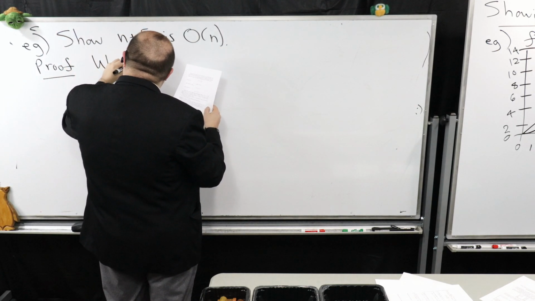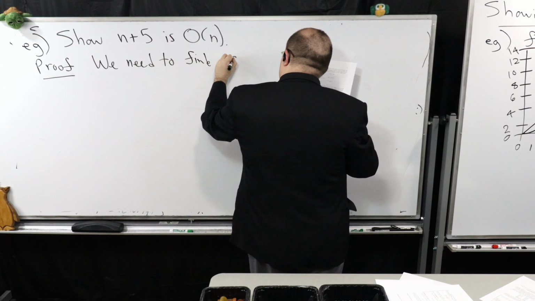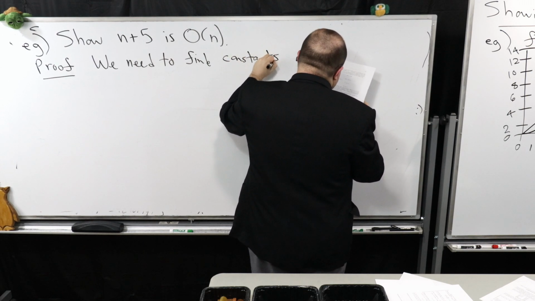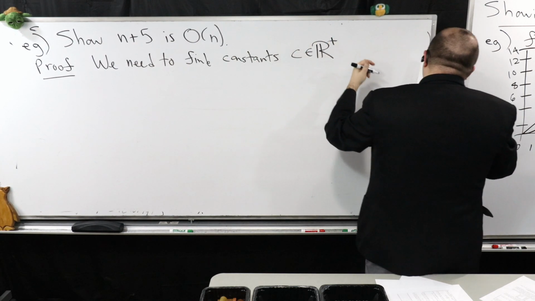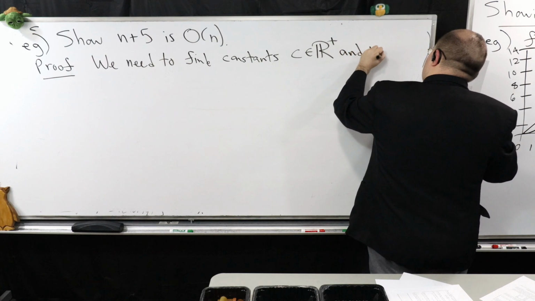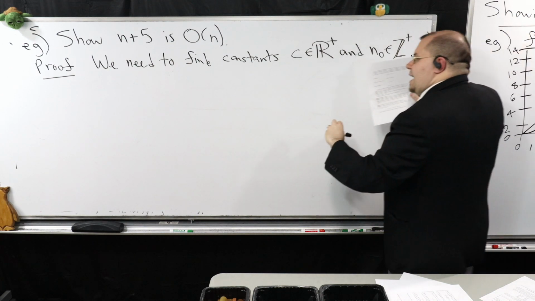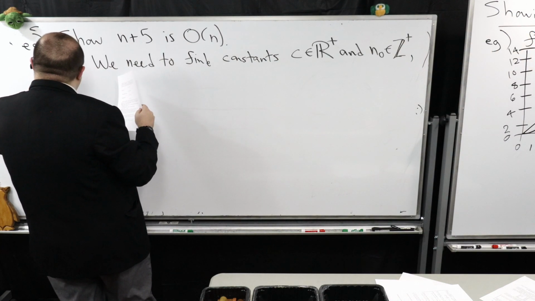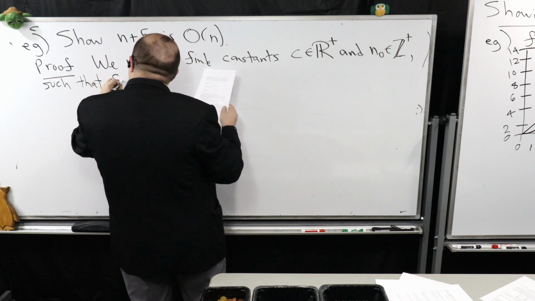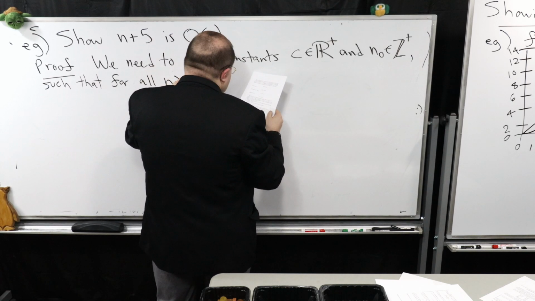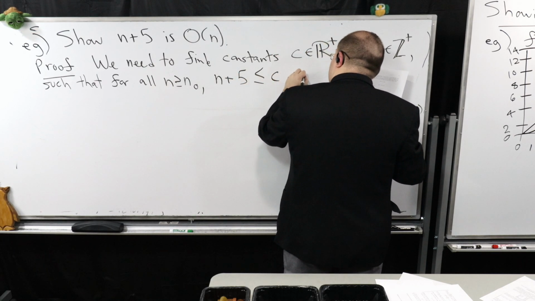I'm just going to say we need to find constants C, which is a positive real number, and N0, which is a positive integer, such that, all I'm doing is plugging in the definition, such that for all n greater or equal to N0, n plus 5 is less than or equal to c times n.